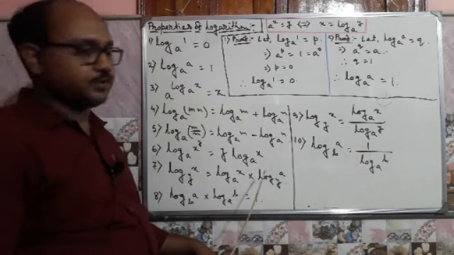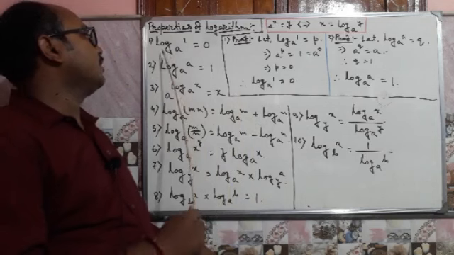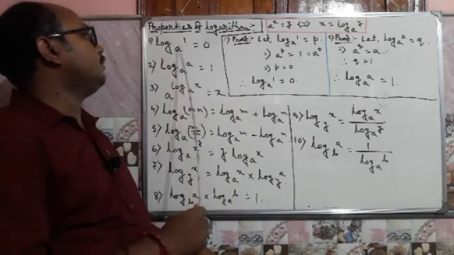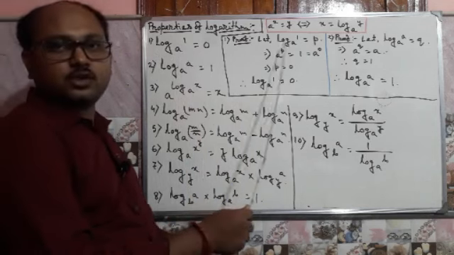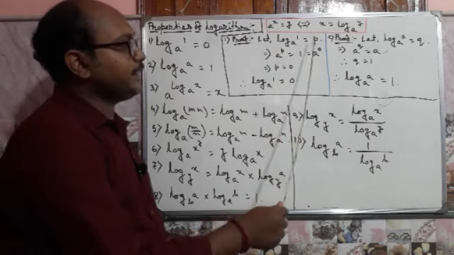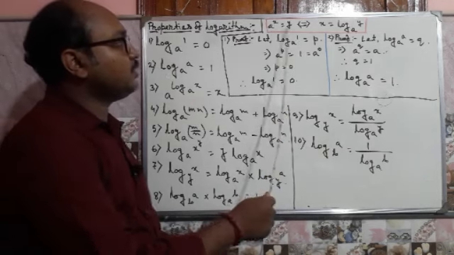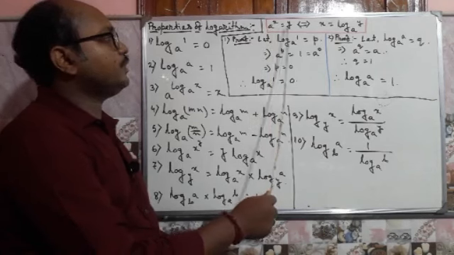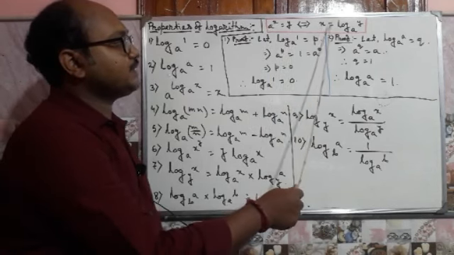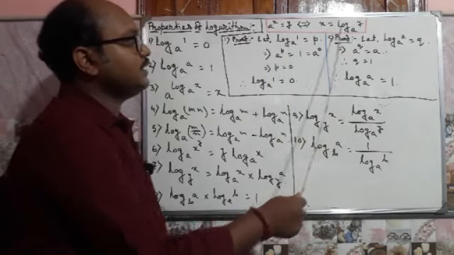Let us see some proofs. The first one: we are going to find the value of log 1 to the base a. We don't know the value, so let this one be p. By the definition of log, if a to the power x is equal to y, then x is equal to log y to the base a.